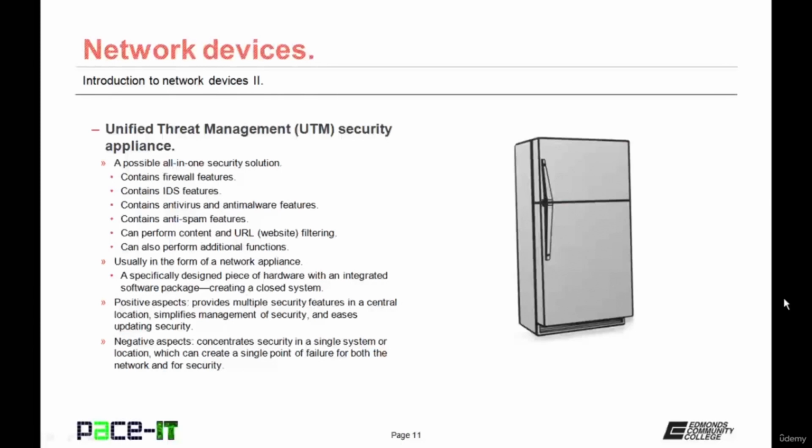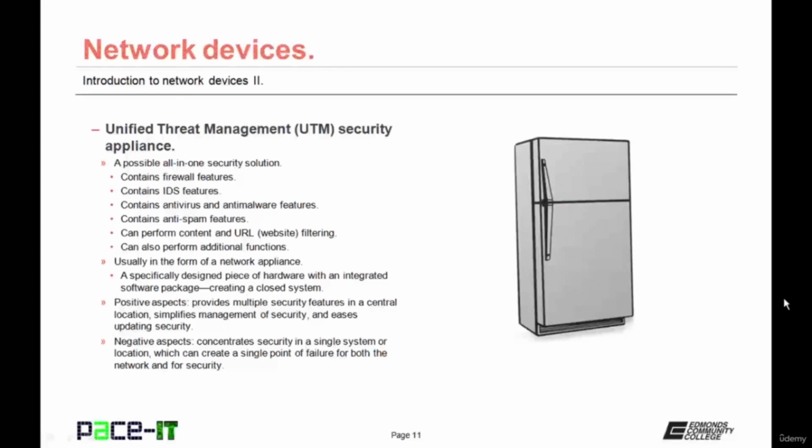It can perform content and URL filtering. So it all depends upon what kind of UTM that you purchase. You can get all of those features into one package, usually in the form of a network appliance. A network appliance is a specifically designed piece of hardware with an integrated software package, thus creating a closed system.